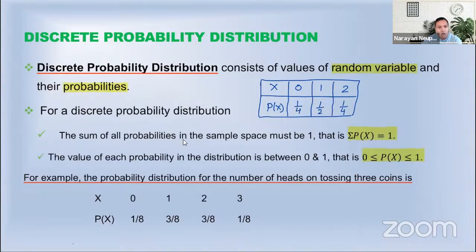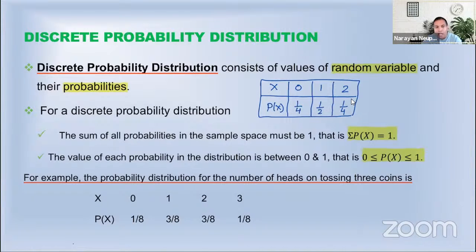The sum of all probabilities in a sample space must be 1. Here we have 1/4 plus 1/2 plus 1/4. 1/4 plus 1/2 is 3/4. 3/4 plus 1/4 is 1. So if the total probability is 1, that is one condition.